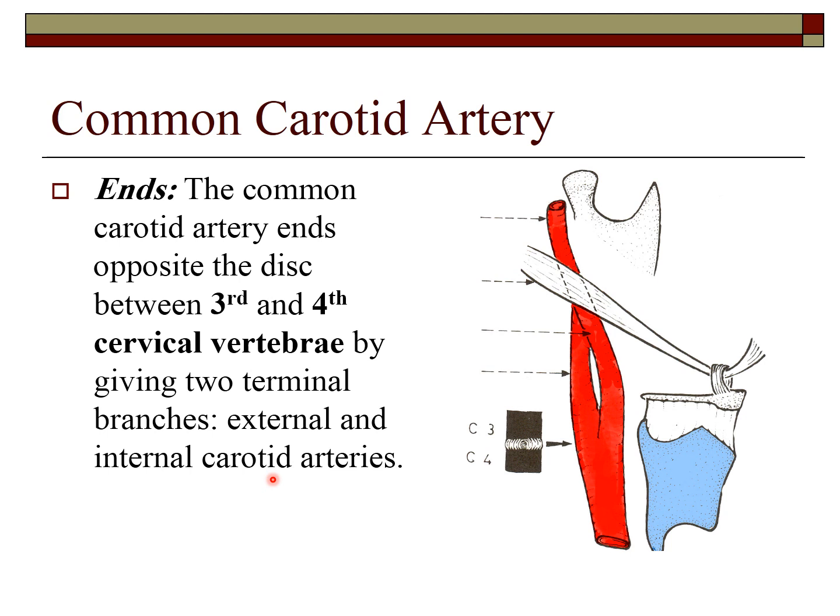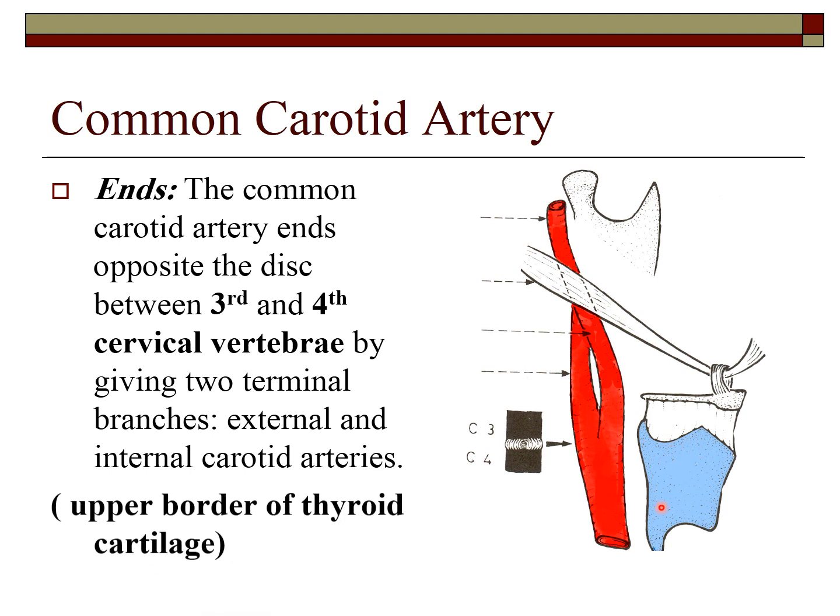Either we say opposite the disc between cervical 3 and 4, or opposite the upper border of the thyroid cartilage. This point is the ending of the common carotid, and at the same time it is the beginning of the external and internal carotid.